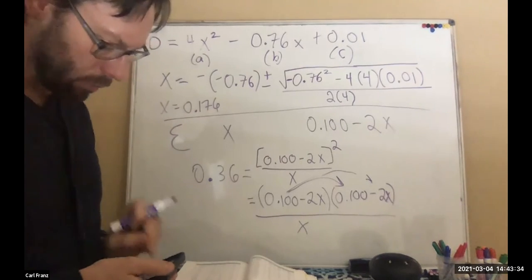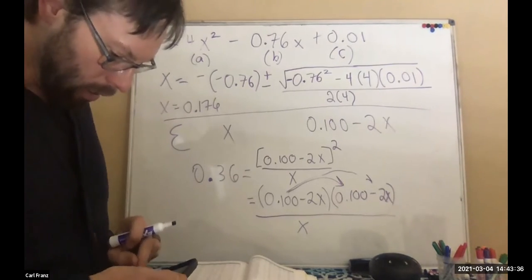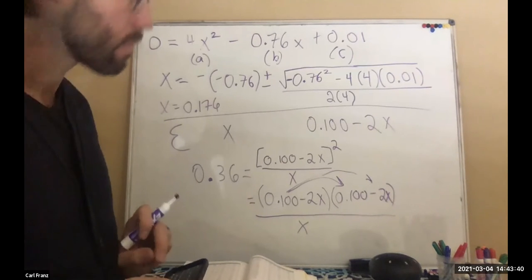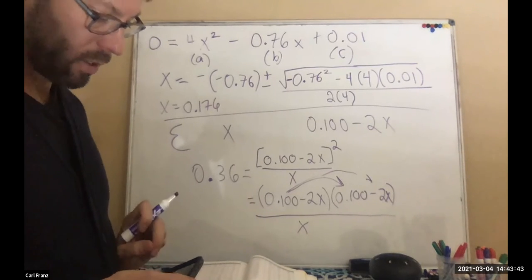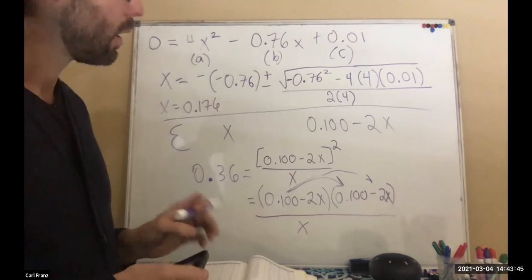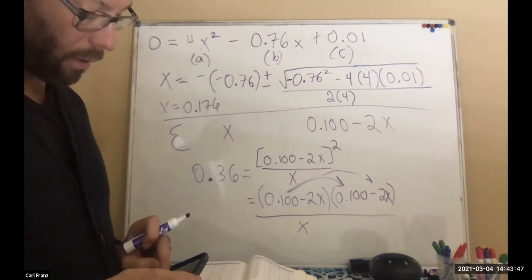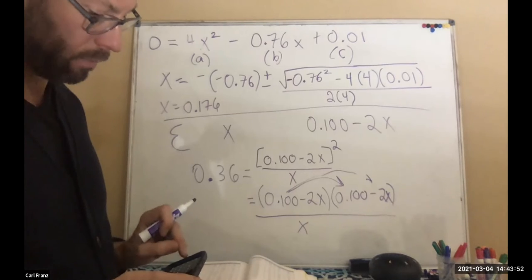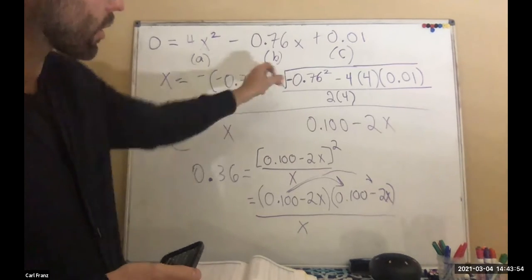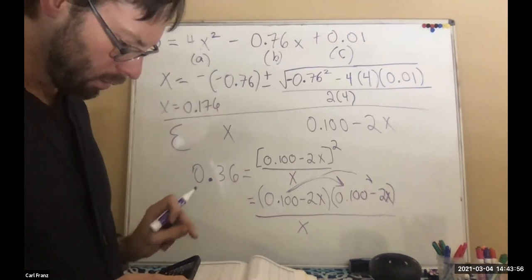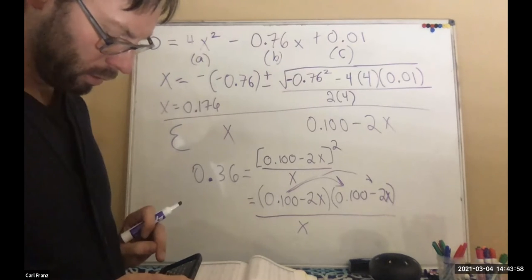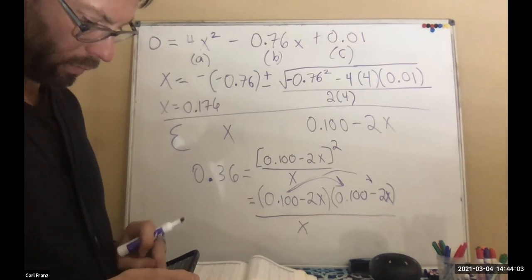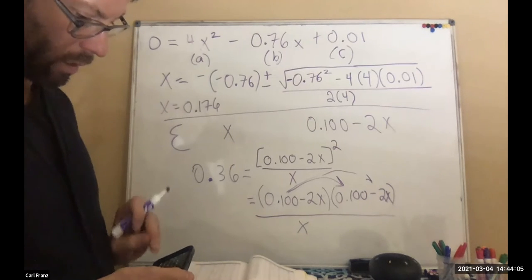Now I'm going to do the other one. So I'm going to take negative 0.76 squared minus 4 times 0.01. I'm going to take the square root of that.